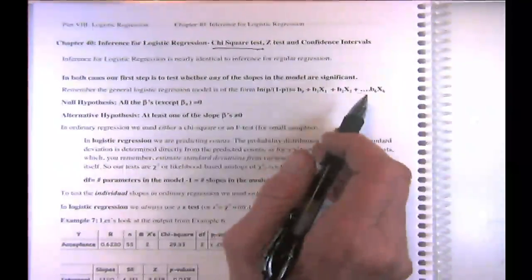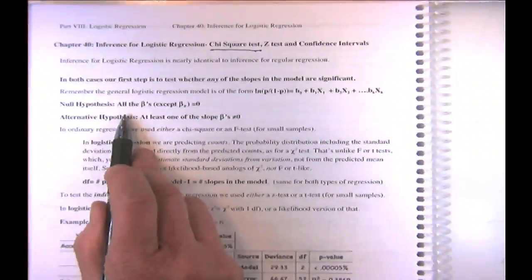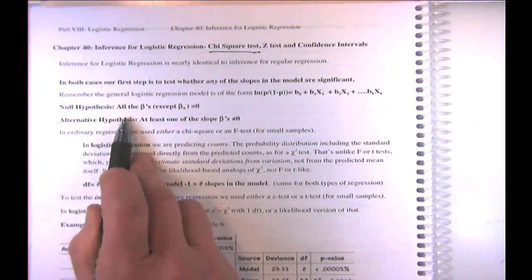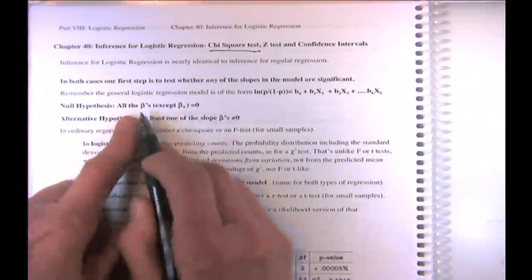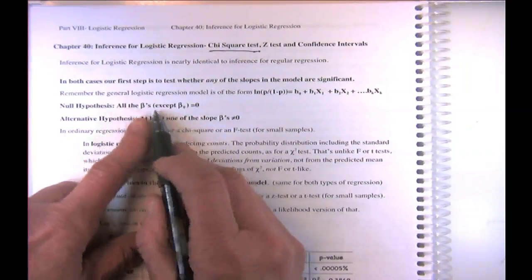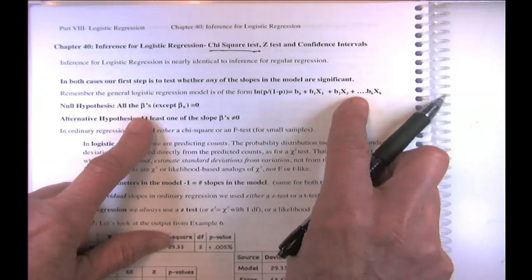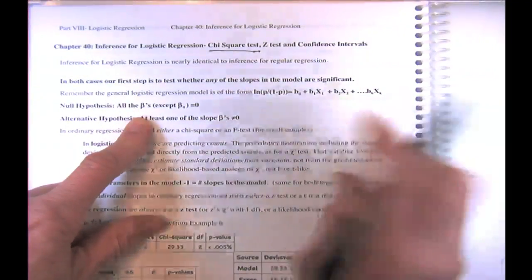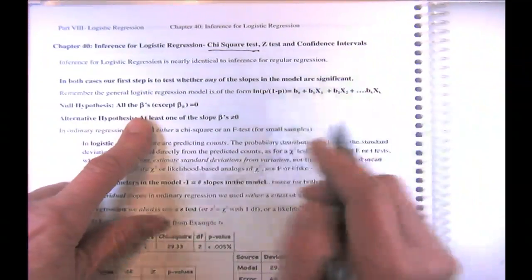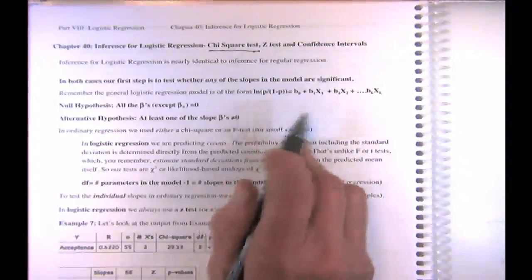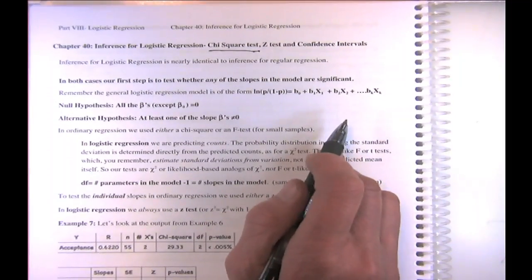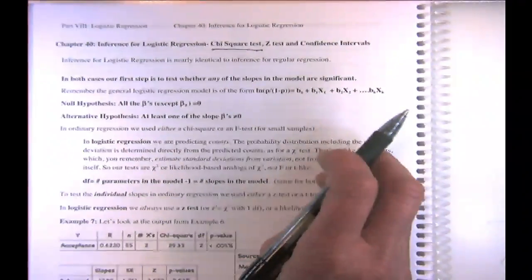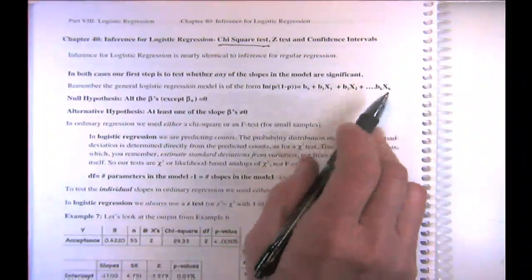So that's the idea. As I say here, the null hypothesis is the usual one for the collective effect of all the slopes. That is, all the betas here are 0. So that means there's nothing going on in this model. Remember this is a 0-1 variable that we're predicting with logistic regression, in this case whether or not somebody gets into medical school.